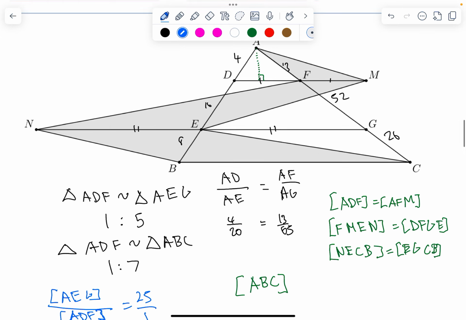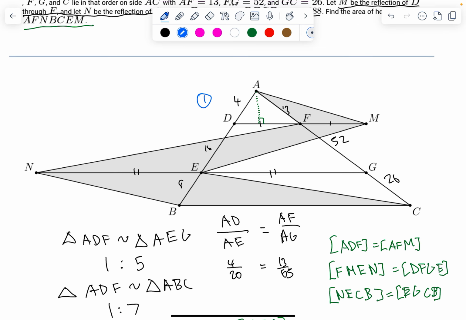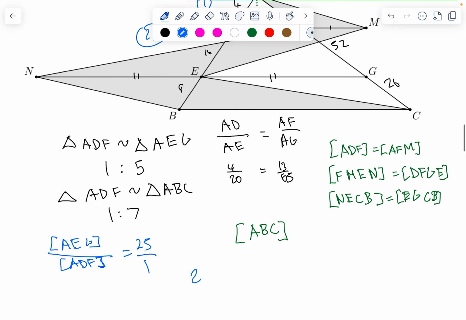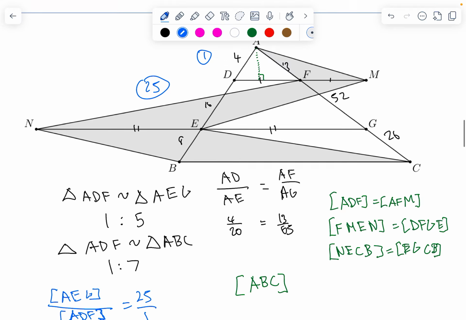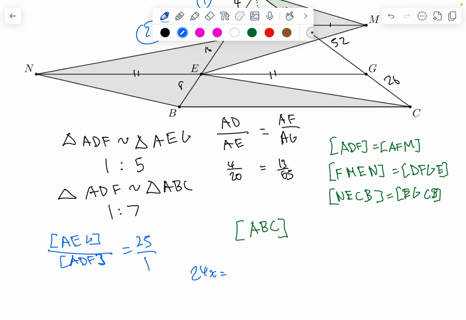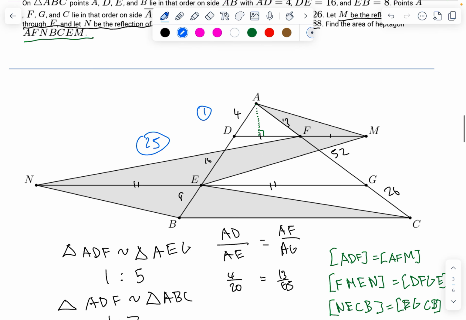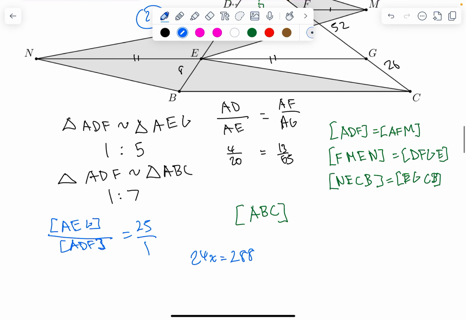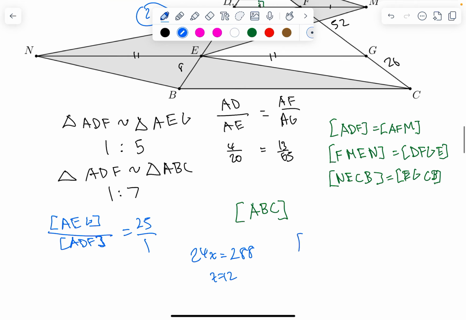So if ADF is one part and the whole AEG is 25 parts, that means that 24x equals 288. Sorry, I can just write 1x and 25x so that it's not confusing. By solving this, we get that x equals 12, and that means that the area of ADF equals 12.